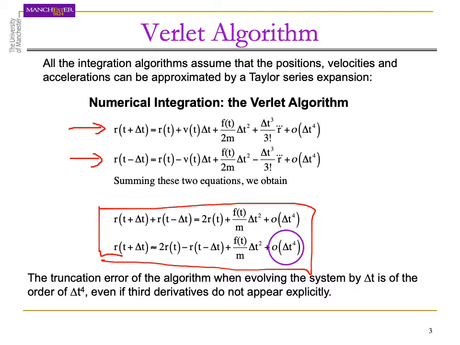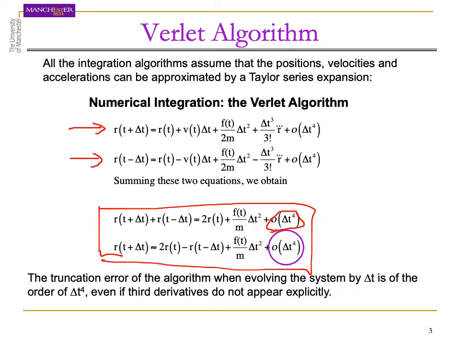Of course, we are talking about a Taylor series expansion, so we are considering an infinite sum, which, in order to be computed, is truncated at some point. The truncation error, that means the error that we commit in considering only the truncated sum and not the infinite sum, which represents the real quantity, is of the order of delta t to the power of 4.